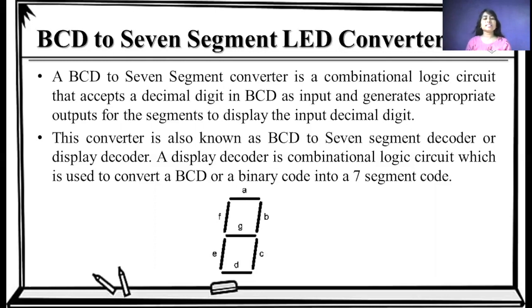Here A, B, C, D, E, F, G are LEDs, and we use 7 LEDs in this format to display various numbers in decimal form, from 0, 1, 2 up to 9. For 8, all 7 segment LEDs must be on.